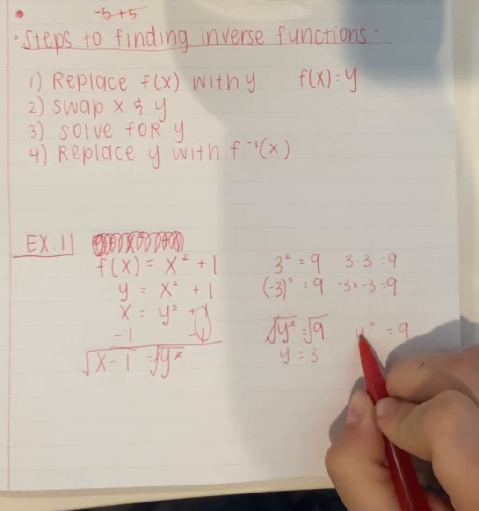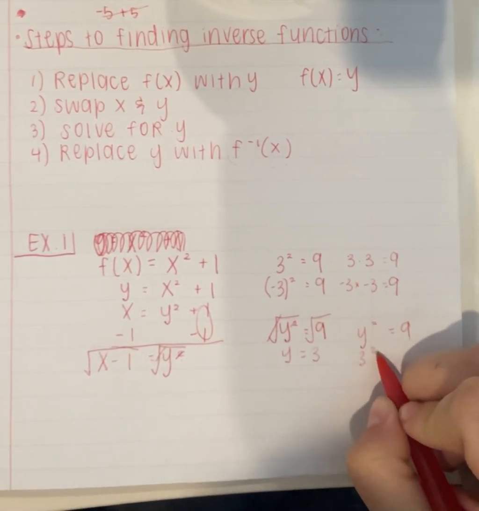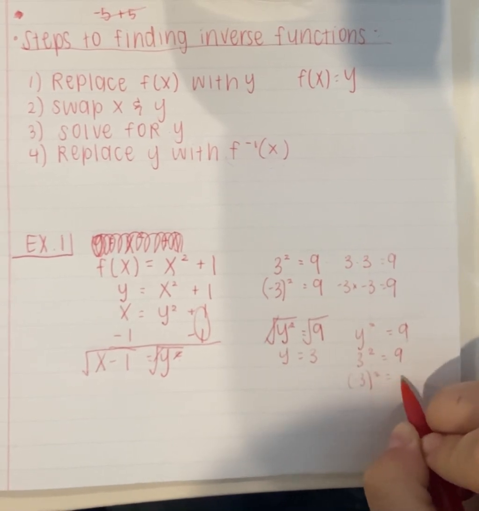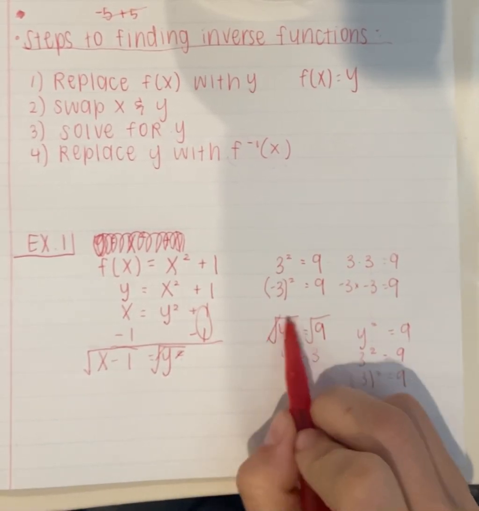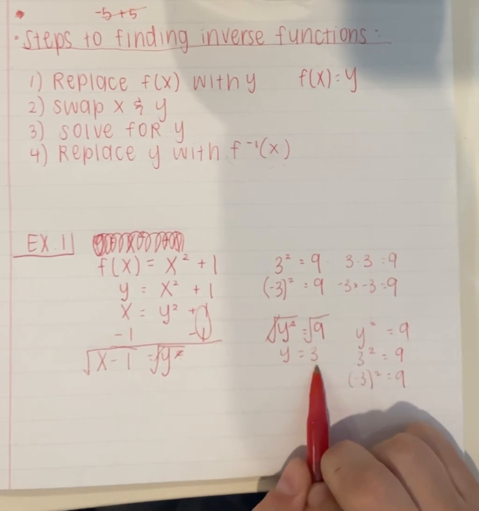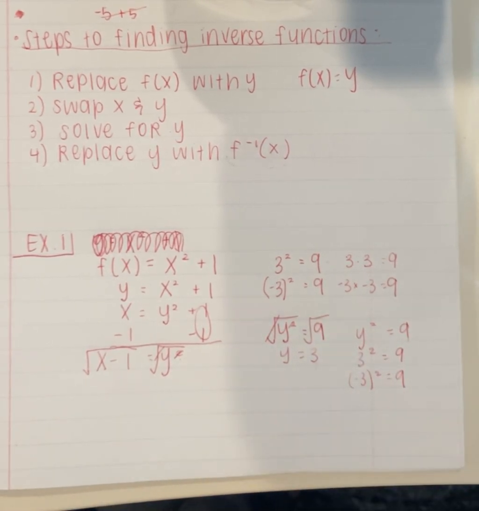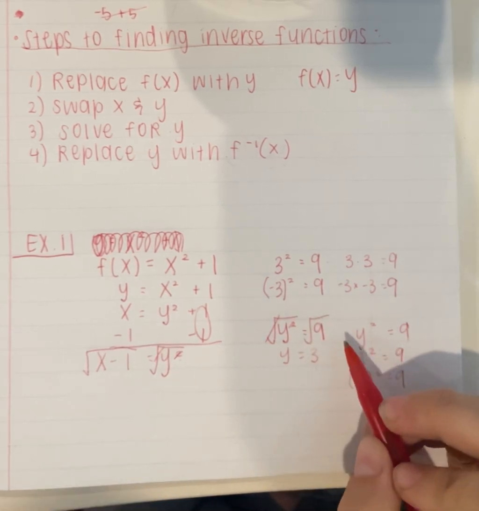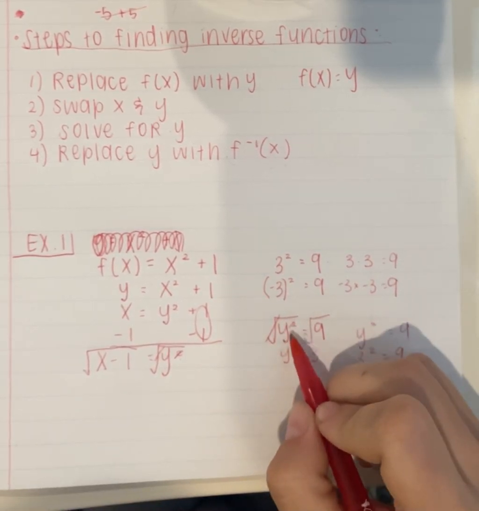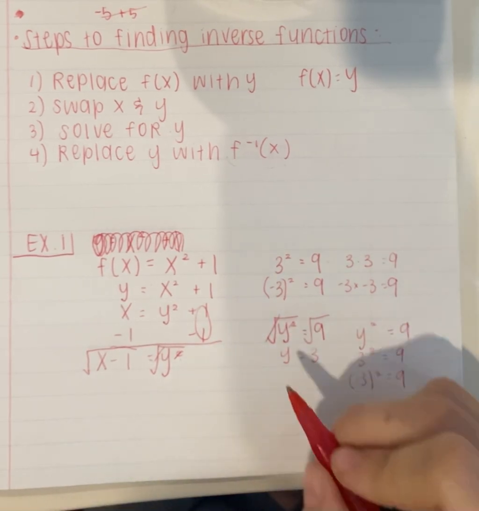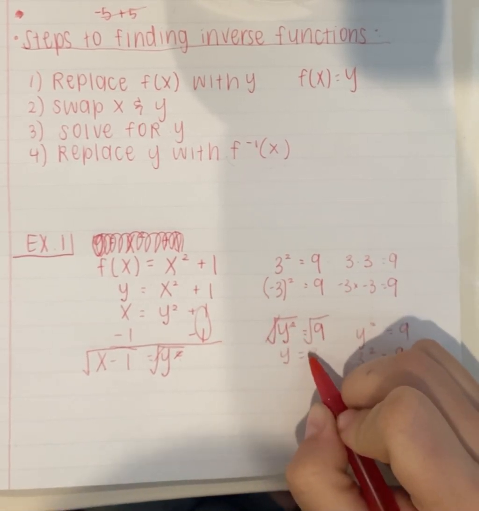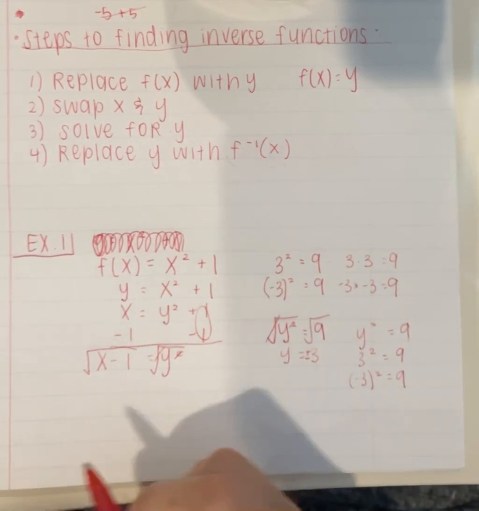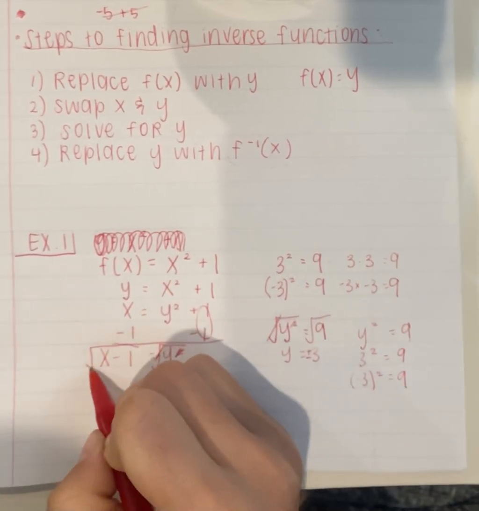So this y could be 3, or this y could be negative 3, right? But when you solve it this way, you're always going to get the positive answer. So what you need to know is that whenever you take the square root of both sides, y really could equal a positive 3, or it could have been a negative 3. So in this case, when these cancel out, we square rooted this side.